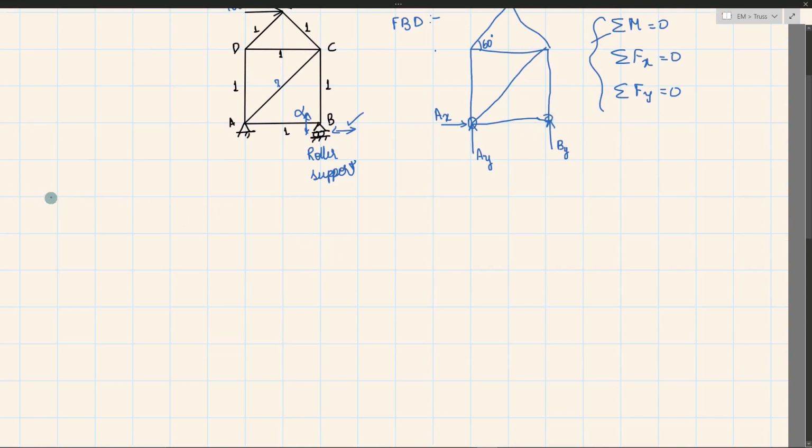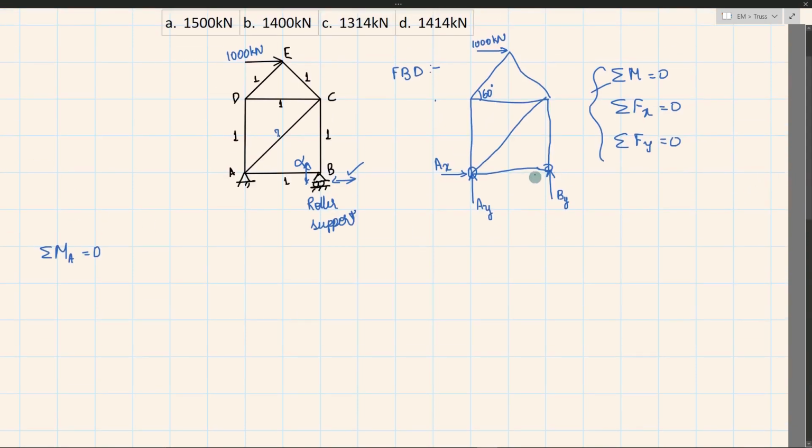So first I'll apply sigma MA is equal to 0 at point A. The moment is nothing but force into perpendicular distance, right? So I know the force but I don't know this perpendicular distance. I know the distance from here to here. I'll have to add this distance.